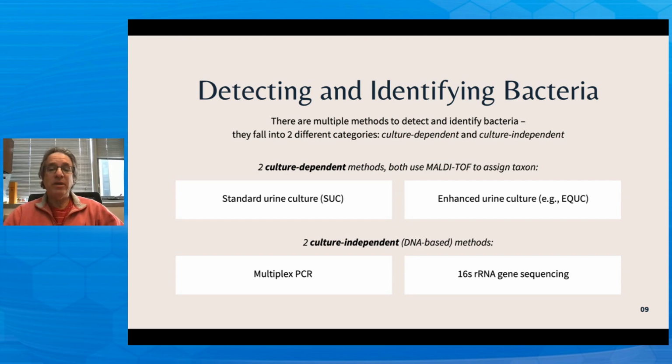Our particular version of an enhanced urine culture test is called EQUUC, or expanded quantitative urine culture. Then there are a couple of different culture-independent or DNA-based methods that I'll describe. One is multiplex PCR, and the other is 16S ribosomal RNA gene sequencing.